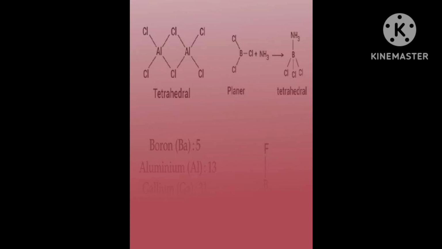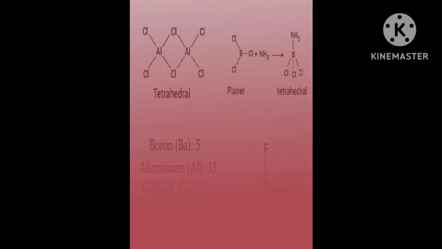It gives 3 products: 2Al3+ plus 6Cl- plus 3H2, hydrogen gas. Okay.